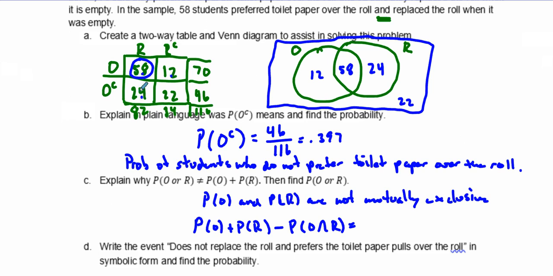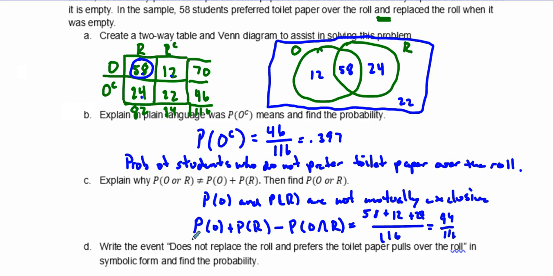And when we're figuring this out, we can actually add these values together, because it can be all of the R's. So it would be 58 plus 12 plus 24, all over 116. And that would equal 94 over 116. And you can also add those different values together: 58 over 116, and then 82 over 116, and then 70 over 116.